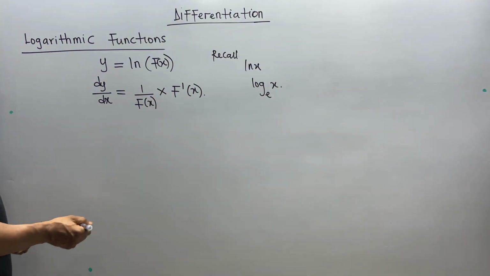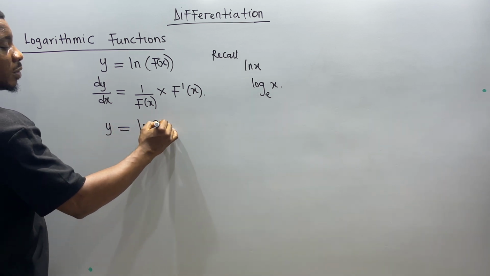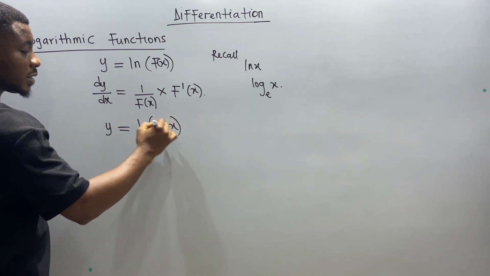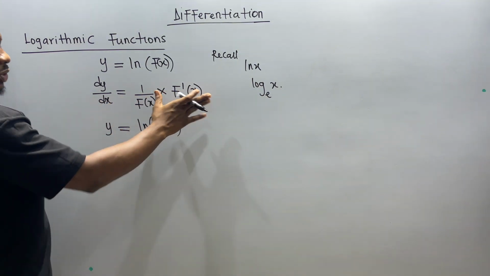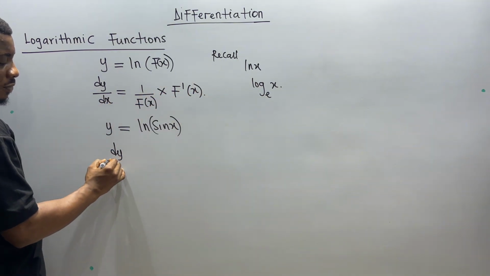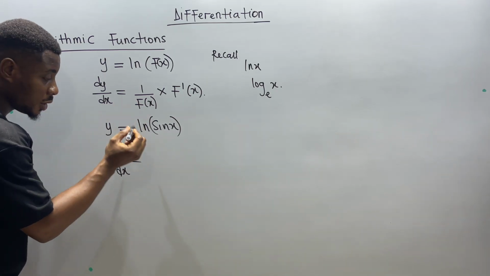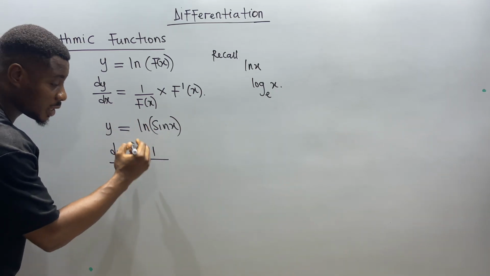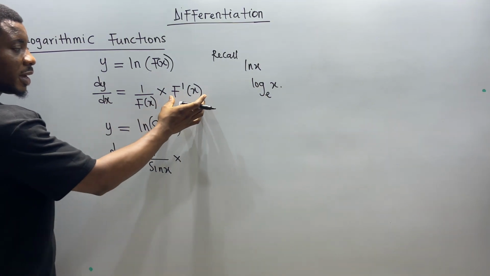So for instance, if I am asked to find dy over dx when y is equal to ln of sine x, I go by this procedure. It's 1 over the function, so it becomes 1 over sine x multiplied by the derivative of the function.